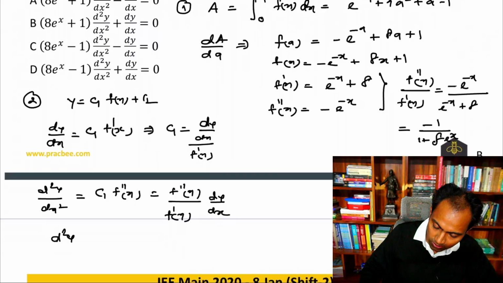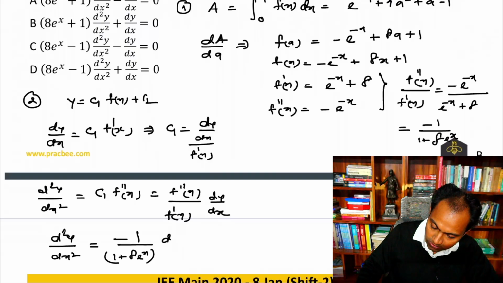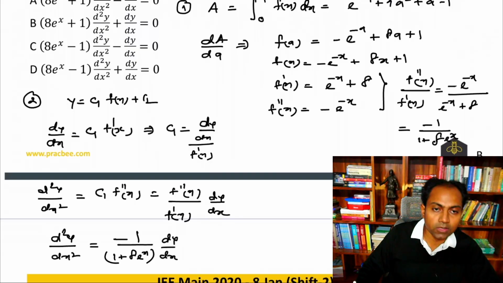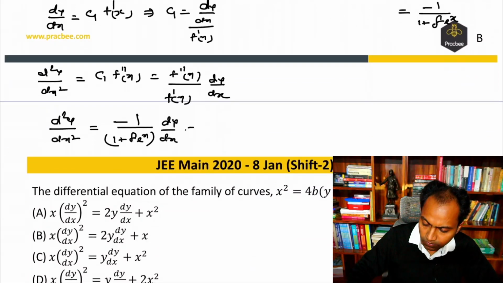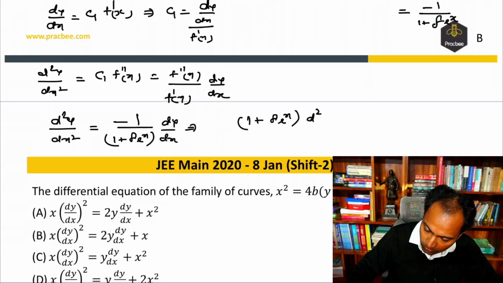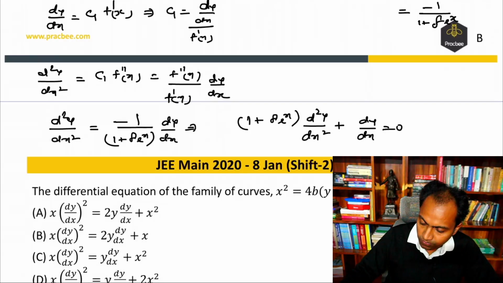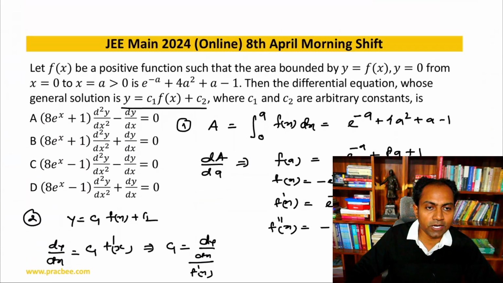So d2y by dx square will become nothing but minus 1 by 1 plus 8 e raised to the power x into dy by dx. Now if I simplify this, I will get my answer. So simplified, this turns into 1 plus 8 e raised to the power x d2y by dx square plus dy by dx is equal to 0. And if I check the options, you can see that B option matches.